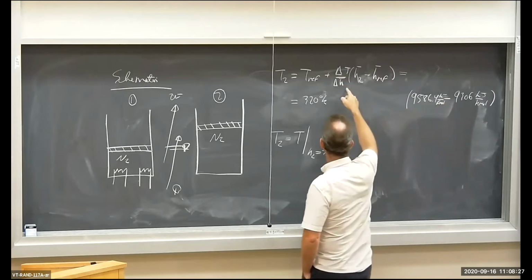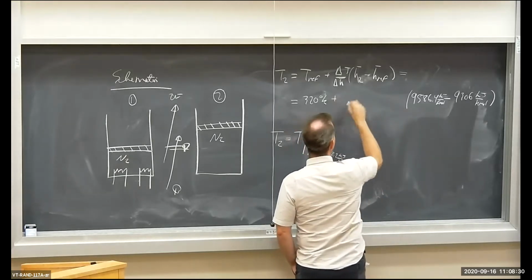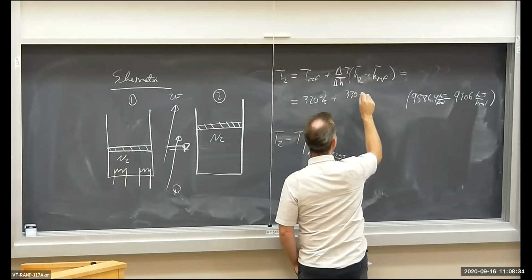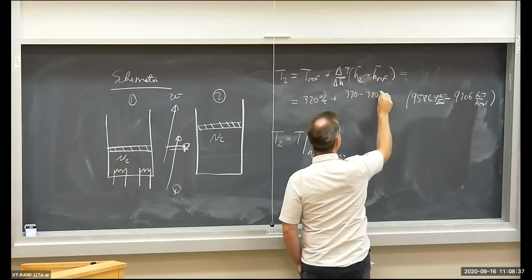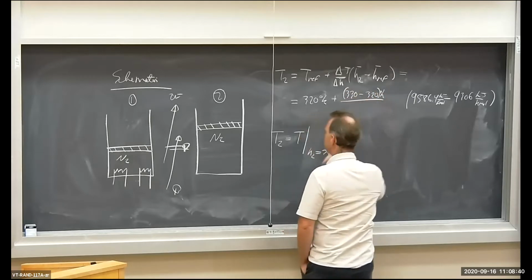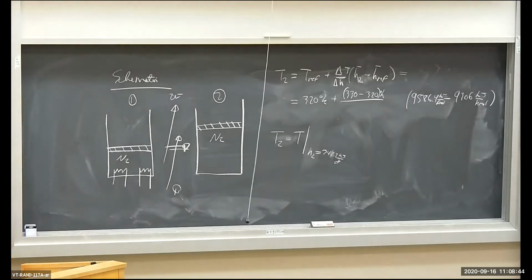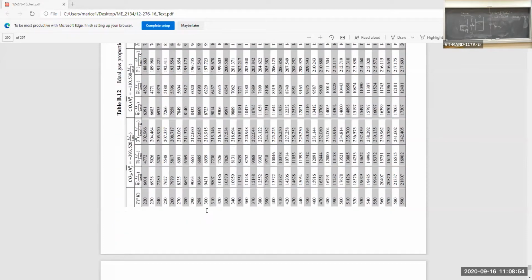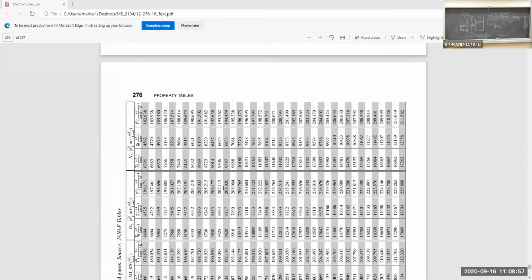Now I need the delta T over delta H. Delta T is 330 minus 320 degrees Kelvin, and delta H bar is 9597 minus 9306, with units of kilojoule per kilomole.